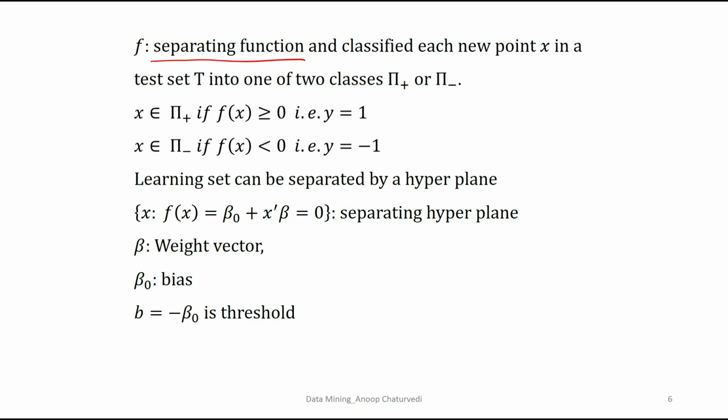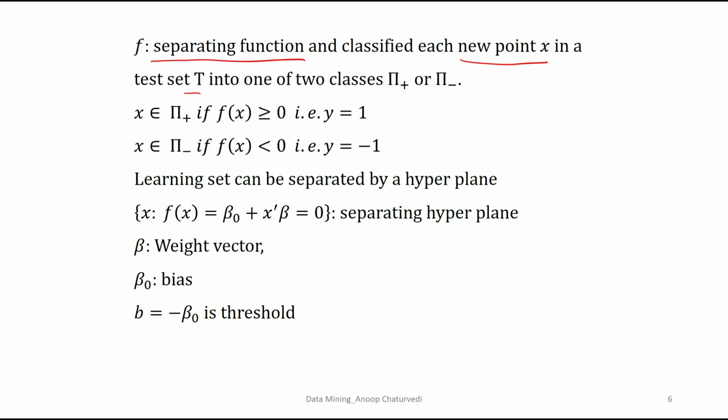And then if you have a new point x in a test set, say T, then using this separating function you can classify this new point into one of the two classes.